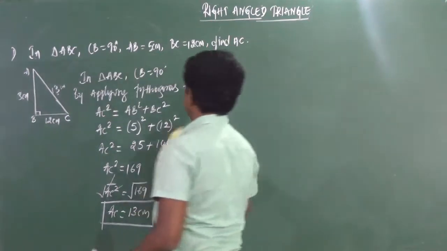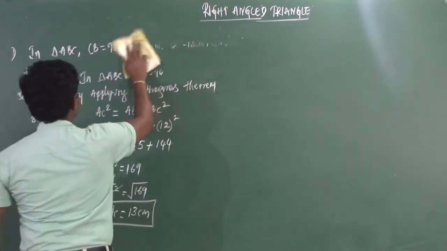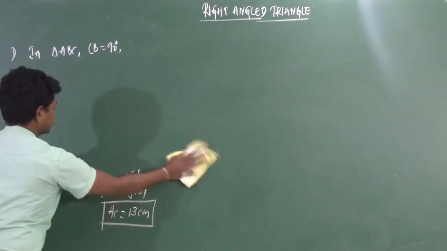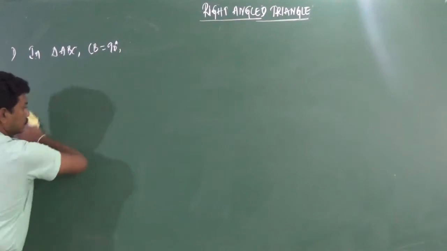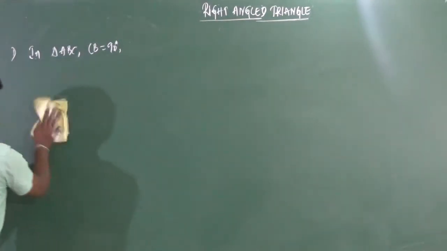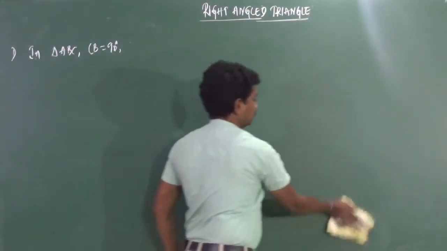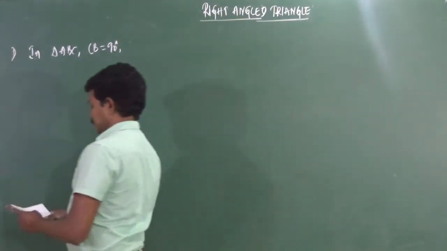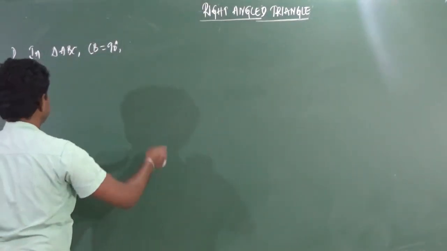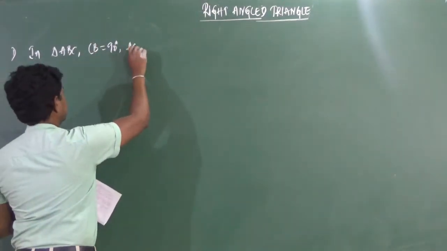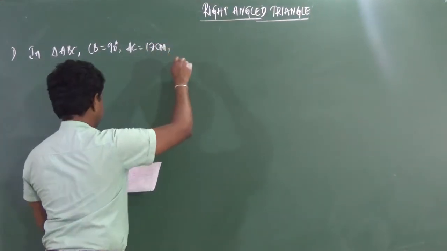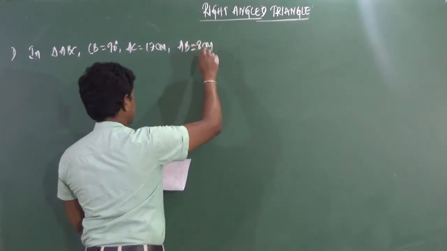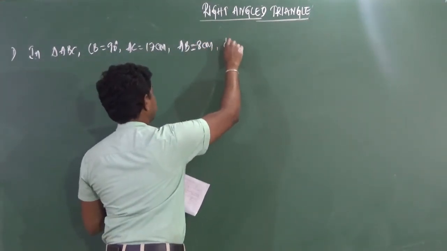We'll go with the next problem. Triangle ABC again, angle B is 90 degrees, AC is equal to 17 centimeters, AB is equal to 8 centimeters, and find BC.